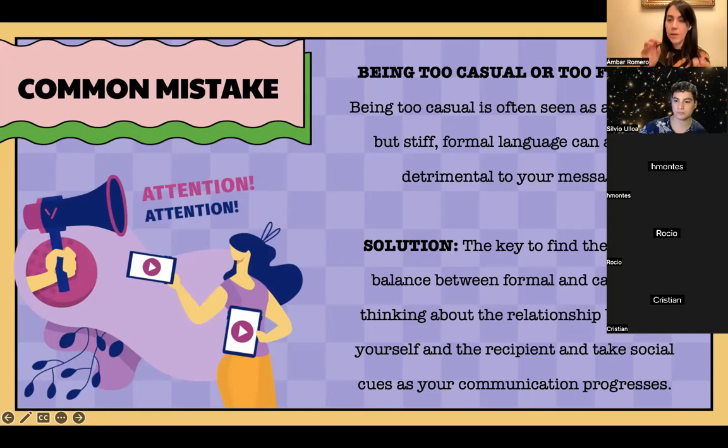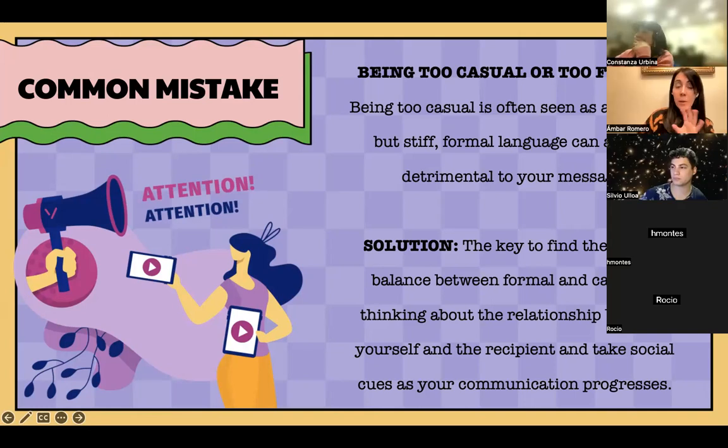I will write something that is to the point, using very specific vocabulary. I will be very careful with capital letters. I wouldn't use capital letters, for example, in every single word, or in every single letter in a word. And I will end my message with something like best regards. Once the professor answers you, you will understand the tone in which this person is answering you.